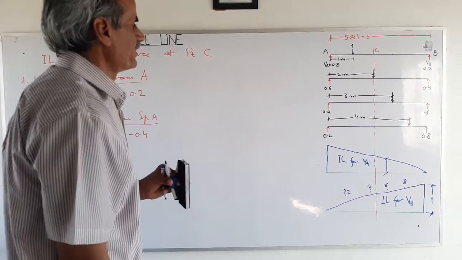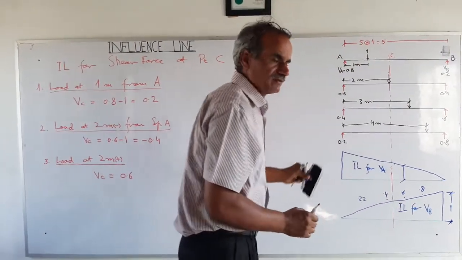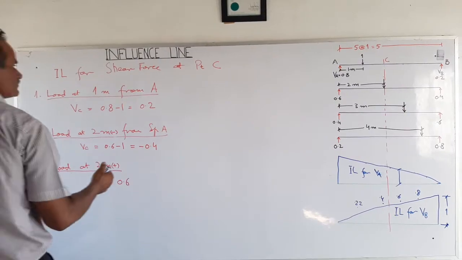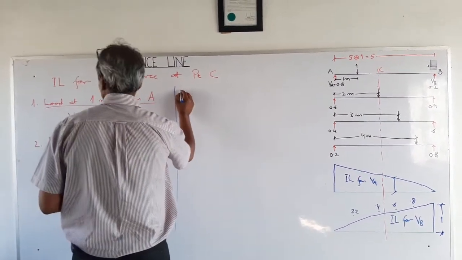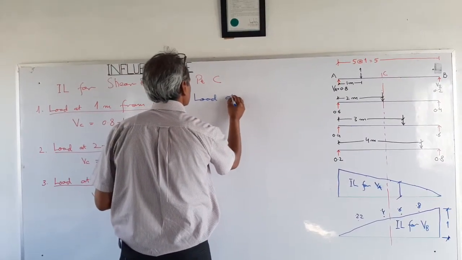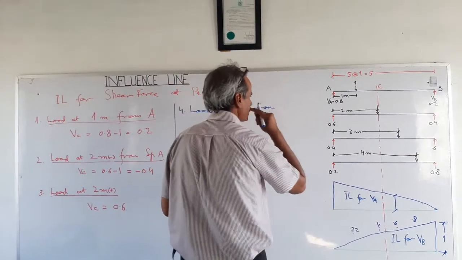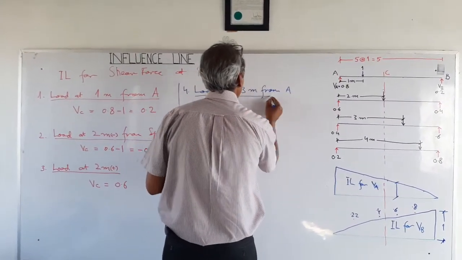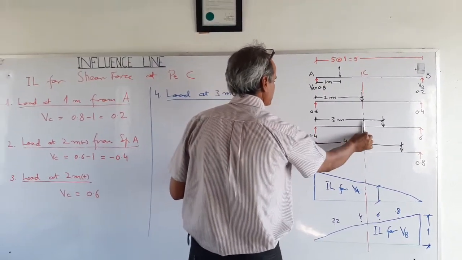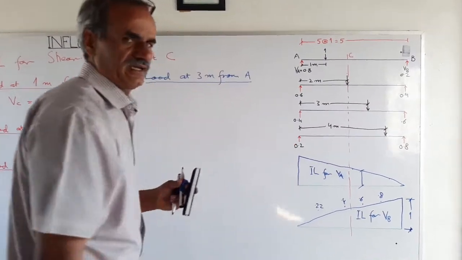Moving further ahead, the fourth case is that the load is at 3 meters from A. Over here, the left side of our section has only one transverse force, the reaction at A, that is 0.4.